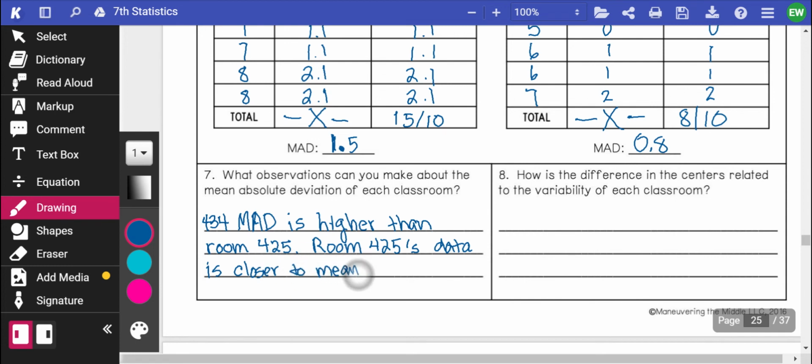And it also means that room 434 is more variable. Okay, so with a smaller MAD, we can predict data better.